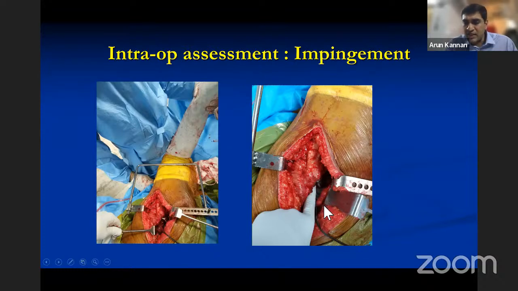If that is the impinging point, then we have got the version wrong, so version needs to be changed. If it is not happening here, then we put the finger further along and you can feel the GT hitting against the pelvis. In those cases, you have to increase the neck length and/or shave off the GT, because at the trial stage it is difficult to change the femoral version.